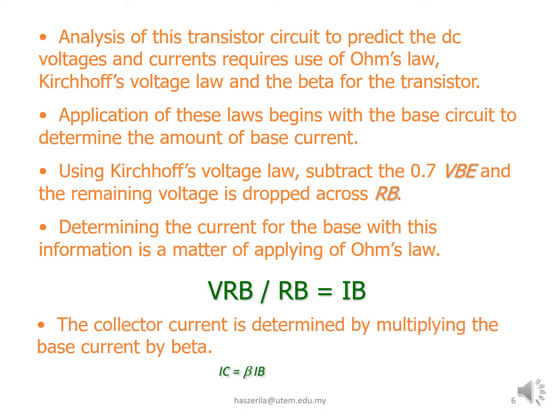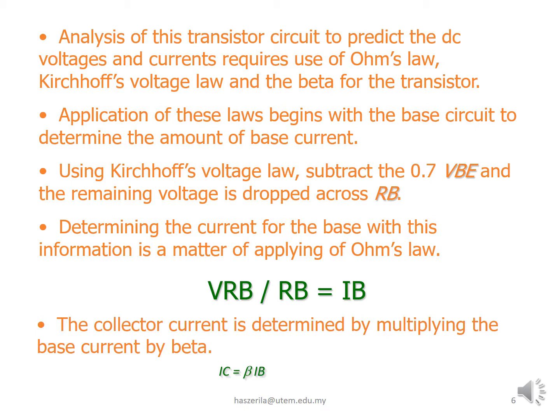Analysis of this transistor circuit to predict the DC voltage and DC current requires the use of Ohm's law, Kirchhoff's voltage law, and the beta for the transistor. Application of these laws begins with the base circuit to determine the amount of the base current IB.